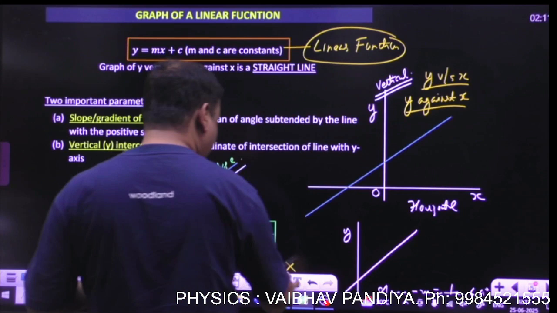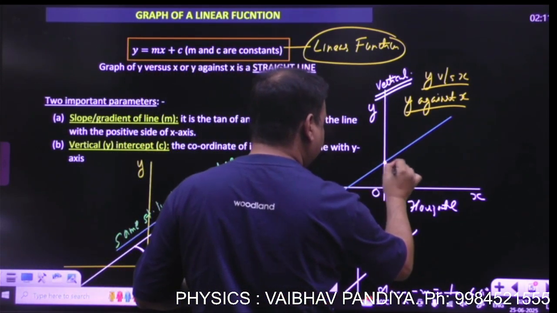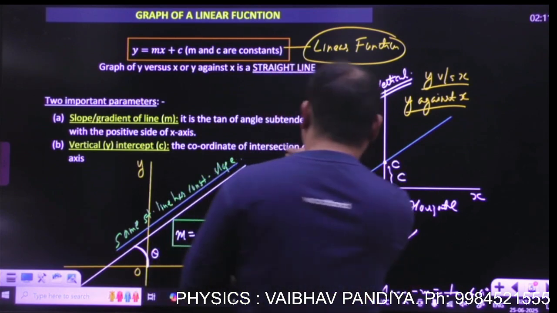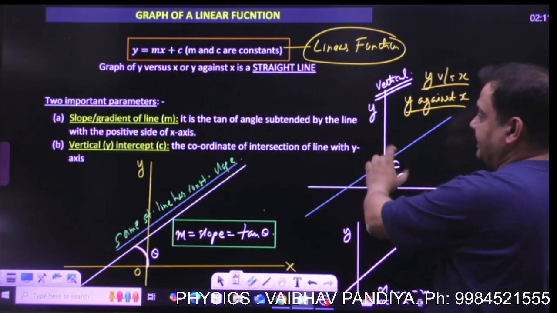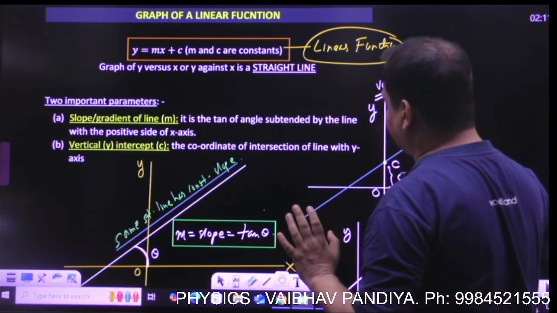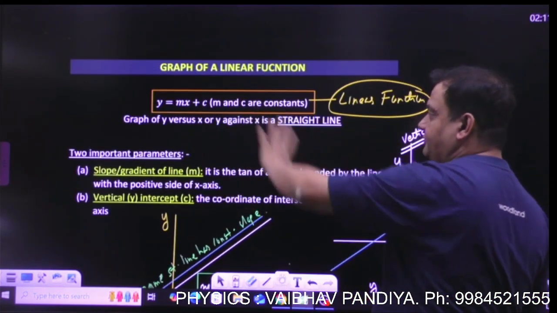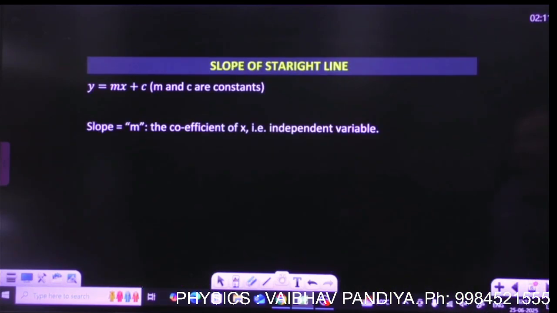This will tell you where the line is cutting the y-axis, this point. So this length is c. This is giving you the coordinate of the intersection of the line with the y-axis. So basically there are two parameters when plotting a straight line. First you identify the slope and then you identify the vertical intercept.